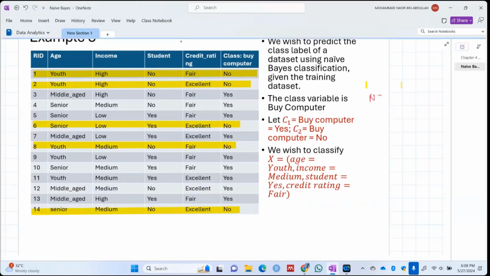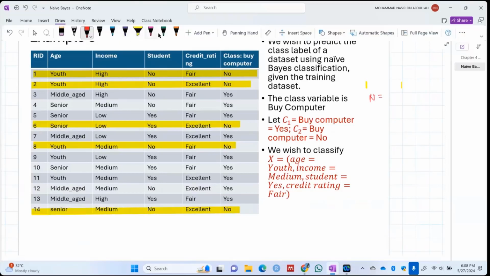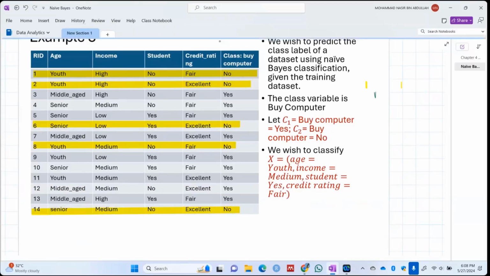What is the total n? 14, right? The probability of C equal to no: we have 1, 2, 3, 4, 5, so 5 over 14. The probability of C equal to yes is 9 over 14.